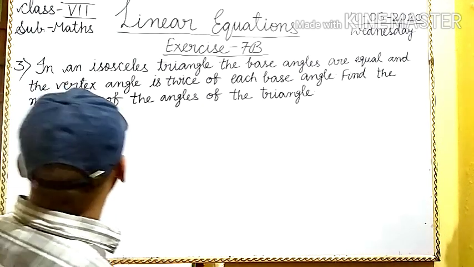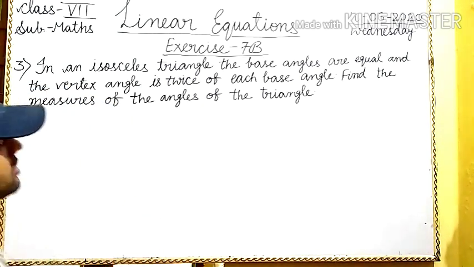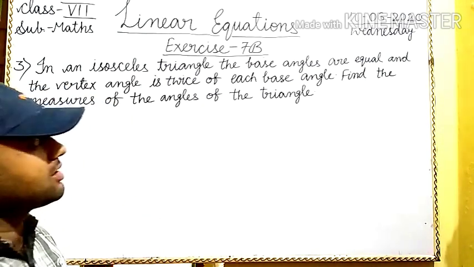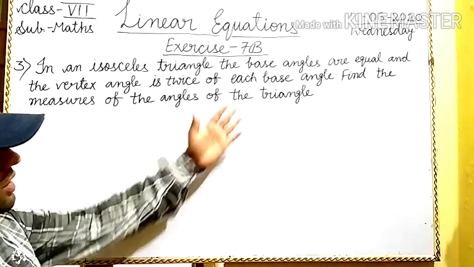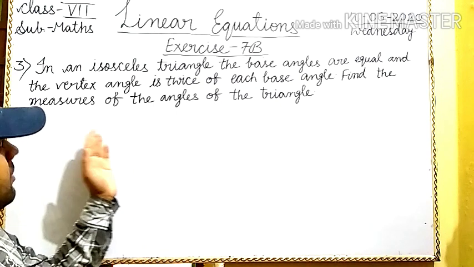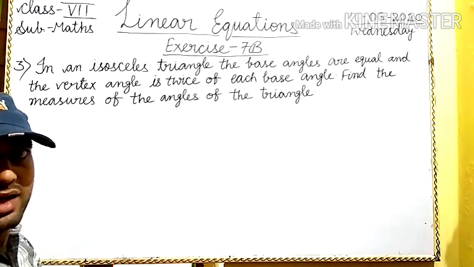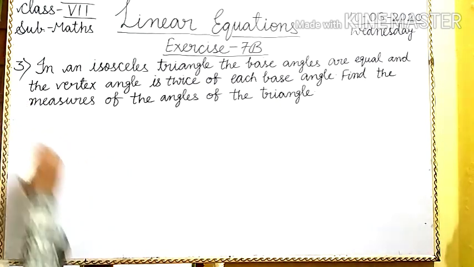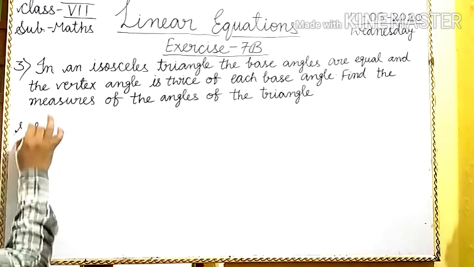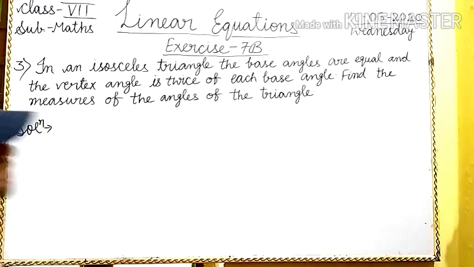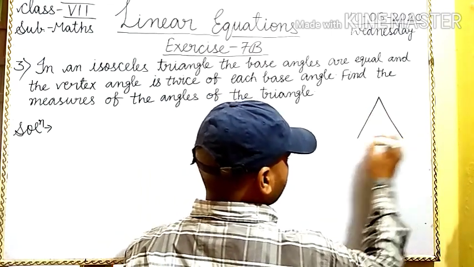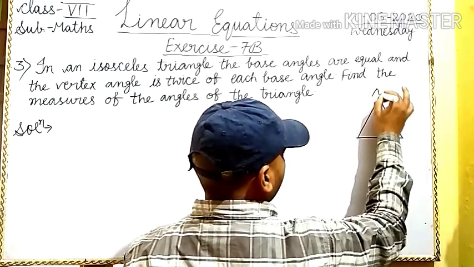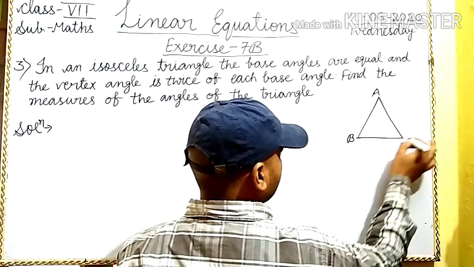In question number 3, in an isosceles triangle, the base angles are equal and the vertex angle is twice each base angle. Find the measures of the angles of the triangle. First we draw the figure. Isosceles triangle, so we draw isosceles triangle ABC.